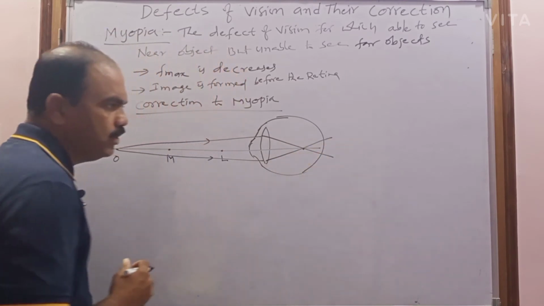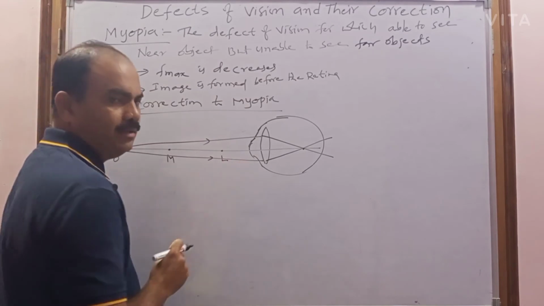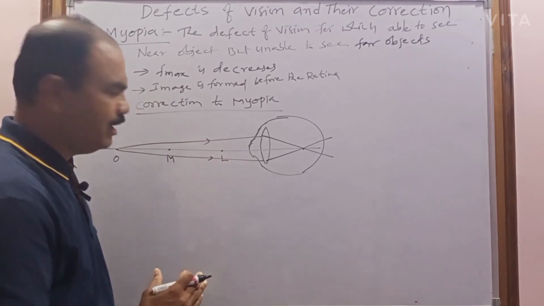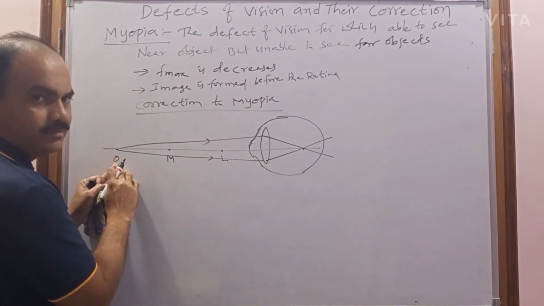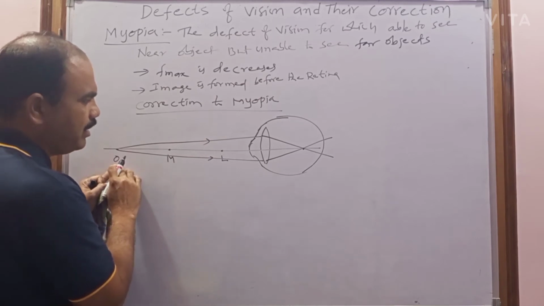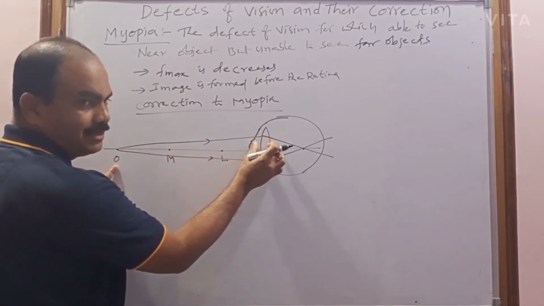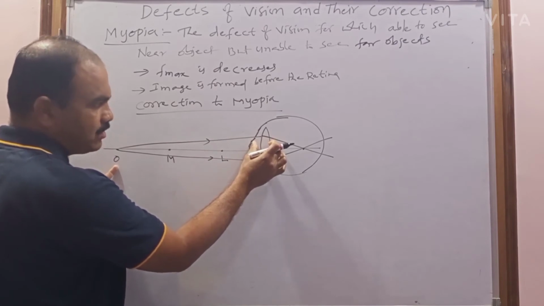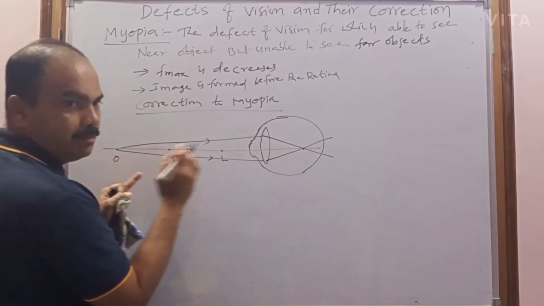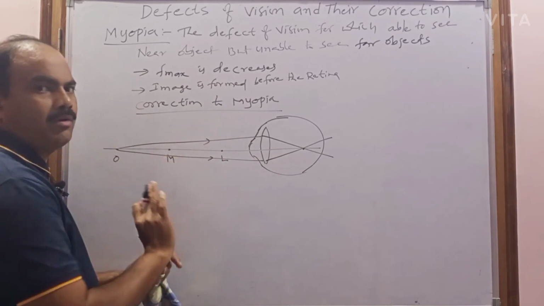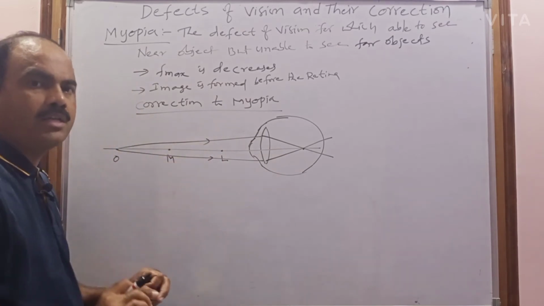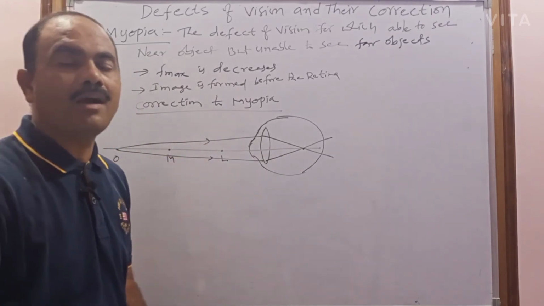So what we have to do to correct this one? We have to use a lens. Now this object and where the image is formed, the image is also formed in front of the eye lens, our eye lens. So eye lens కు ముందే ఆబ్జెక్ట్ ఉంది, మళ్ళీ eye lens కు ముందే ఇమేజ్ ఫామ్ కావాలి. So this is possible only by using the concave lens.